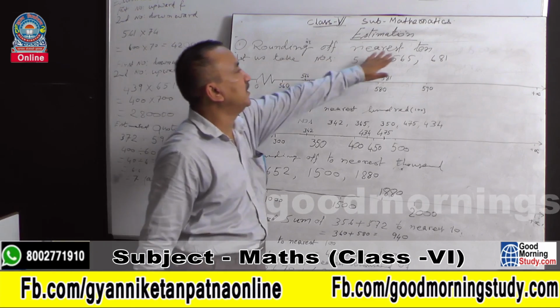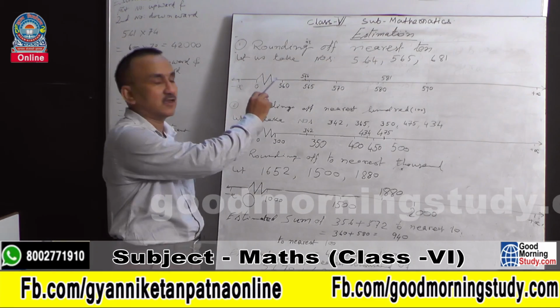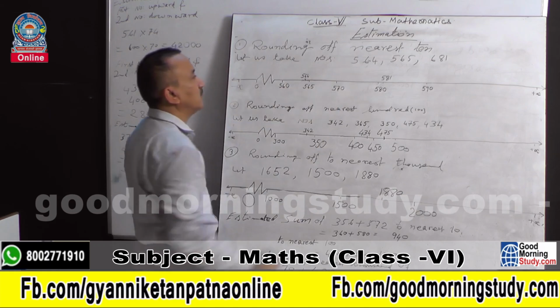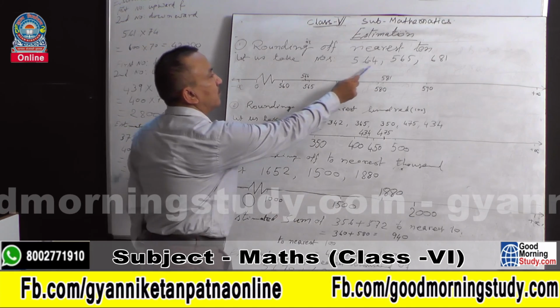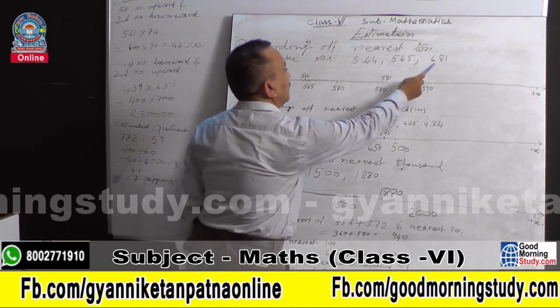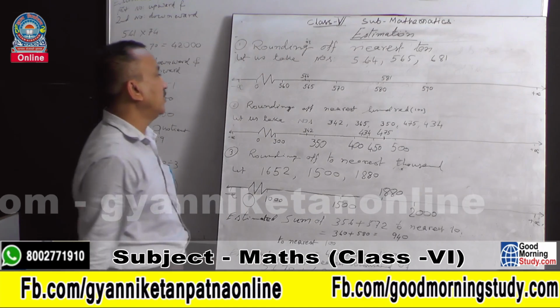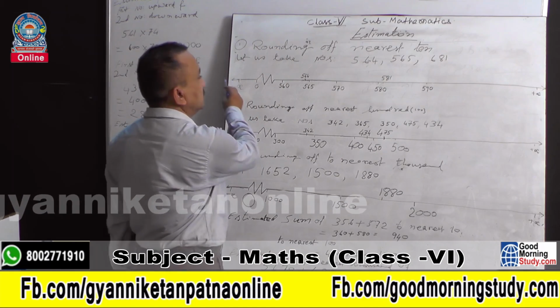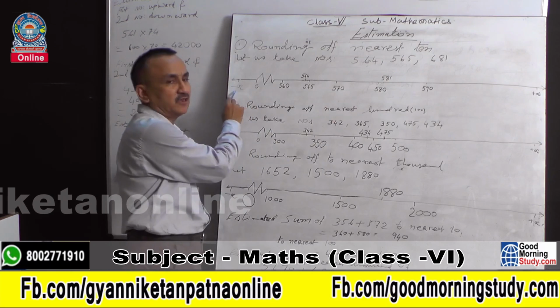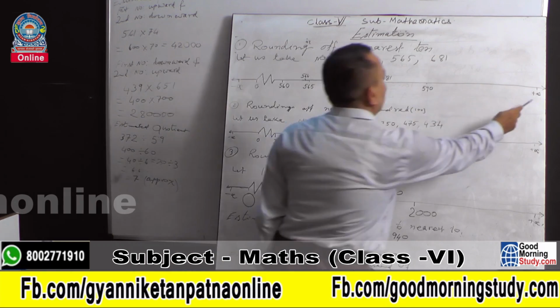Now, rounding off to the nearest 10. Suppose let us take three numbers I have taken over here: 564, 565 and 581. Now if you see very carefully this number line, this side minus infinity and this side plus infinity.